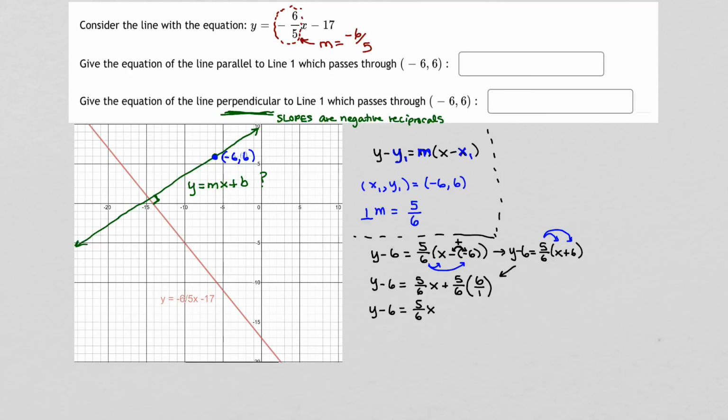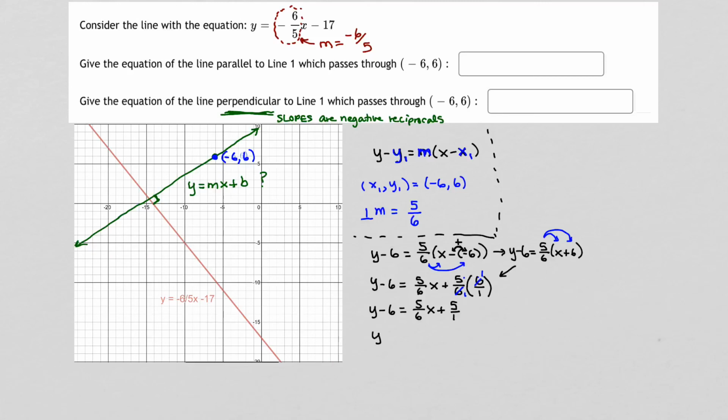And I'm just going to do a straight quick cancellation because I see I have a 6 in my numerator and my denominator. And that tells me I have 5 times 1 on top, which is just 5, and 1 times 1 on the bottom, which is just 1. So I really just have 5 over 1 there.